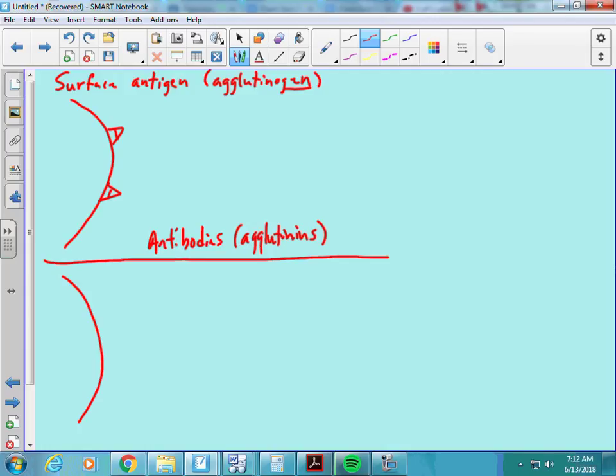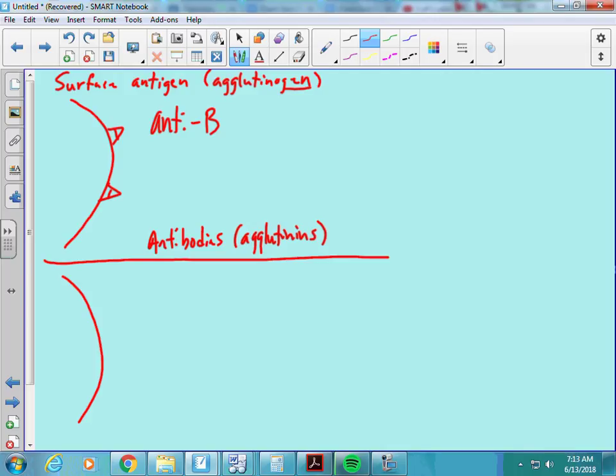Okay, so whatever we have on the cell, we're going to have opposite antibodies outside. We can't have anti-A or it would attack its own cells, but we can have anti-B, okay?